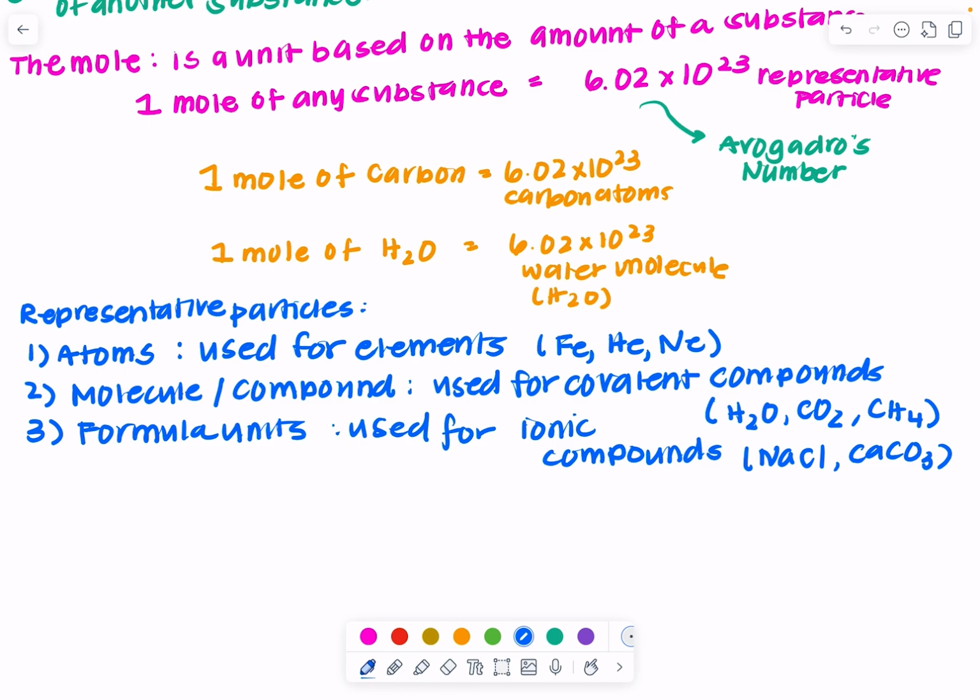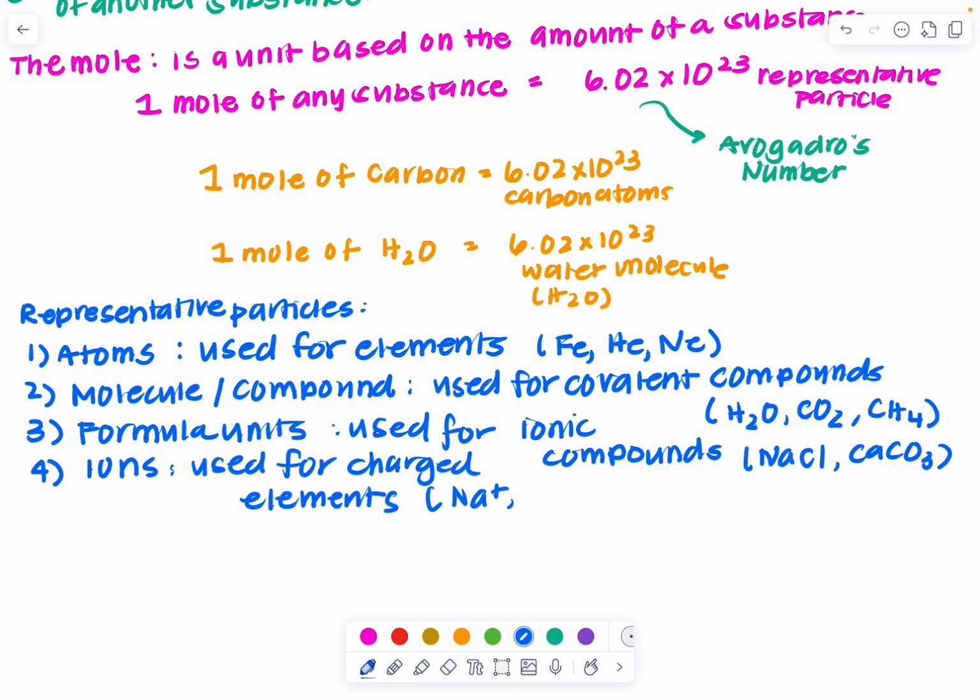And then lastly, we have just regular ions. And these are used for charged elements, like Na plus, Ca2 plus, S2 minus, etc. So depending on what type of substance you have, whether it's an element, molecule, formula unit, or ion, this representative particle changes, okay?